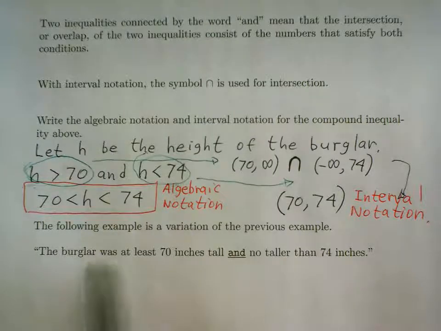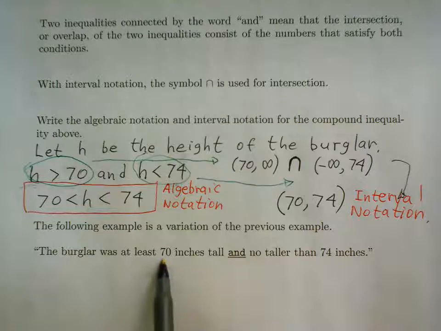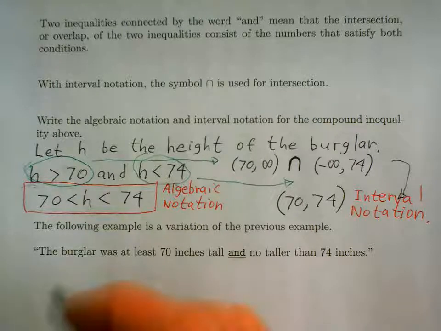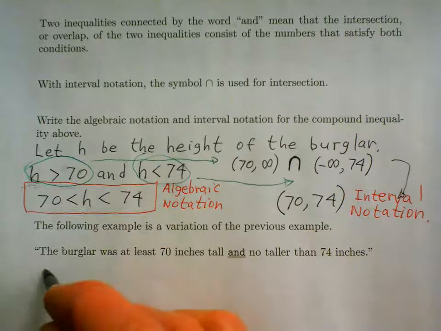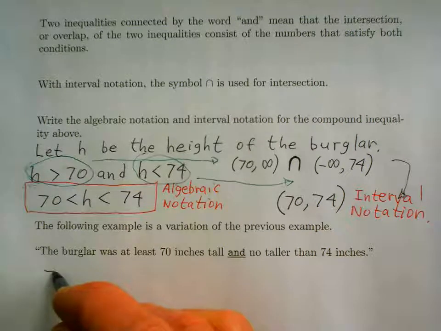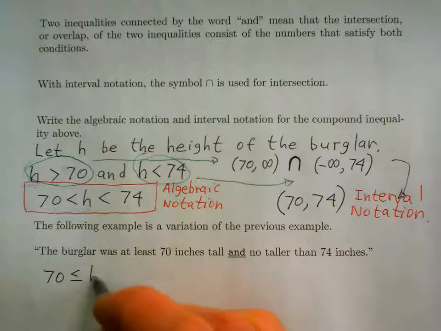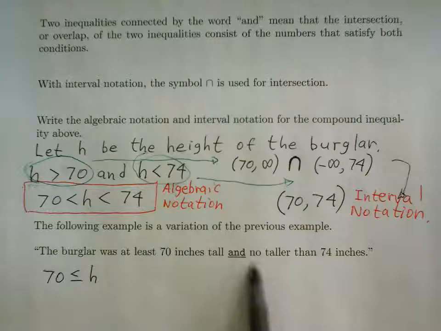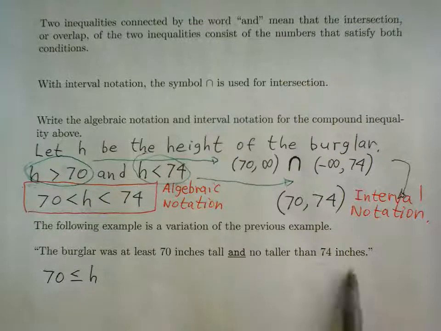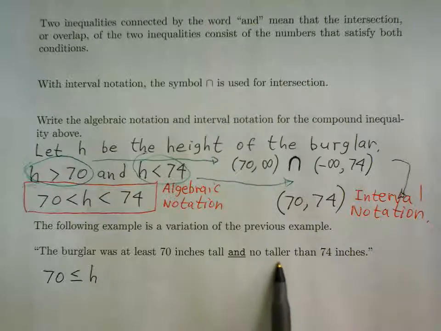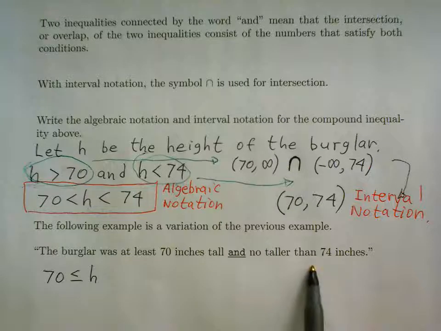So if the burglar was at least 70 inches, then 70 inches is one of the possible heights. So we could say 70 is less than or equal to the height, and no taller than 74 inches implies that the burglar could be as tall as 74 inches.